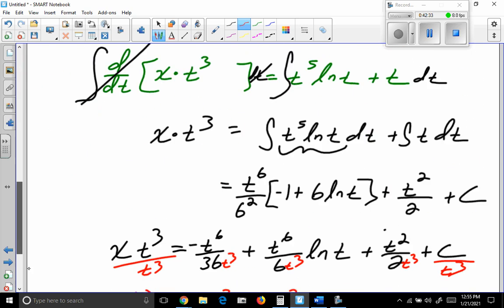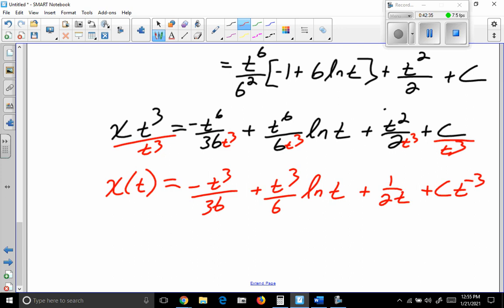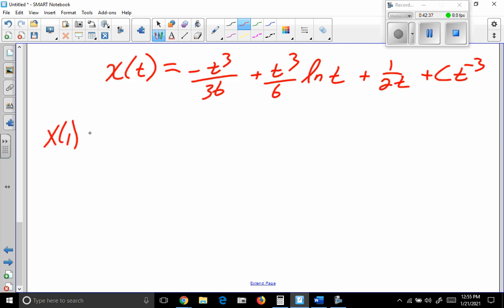Only thing left to do is that when we put a 1 in, we get a 0 out. Our input is t, our output is x.